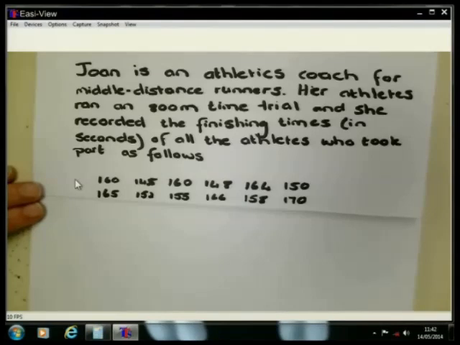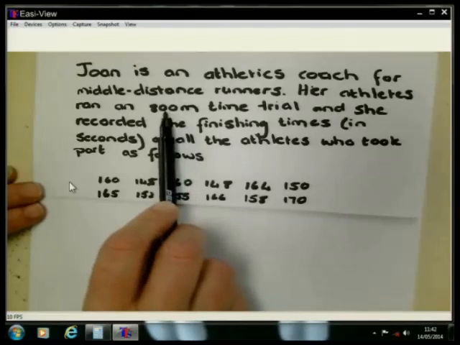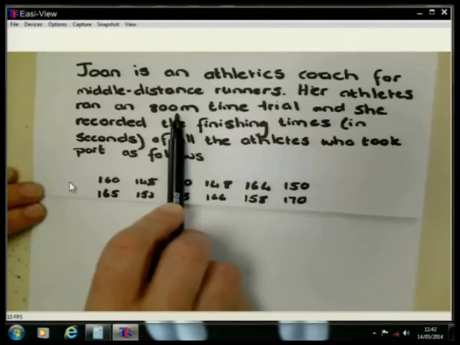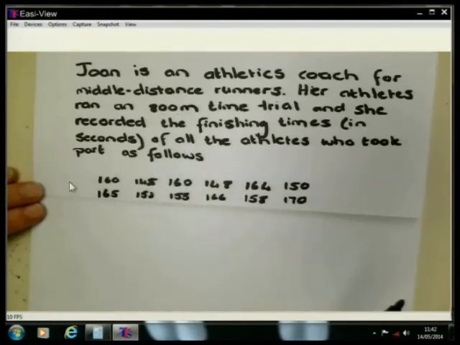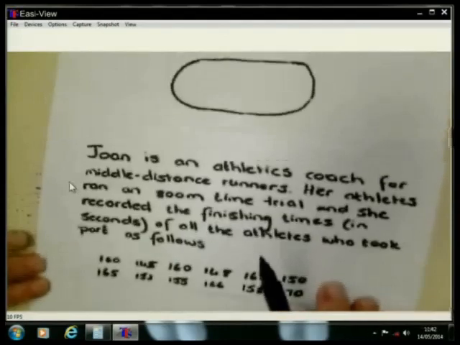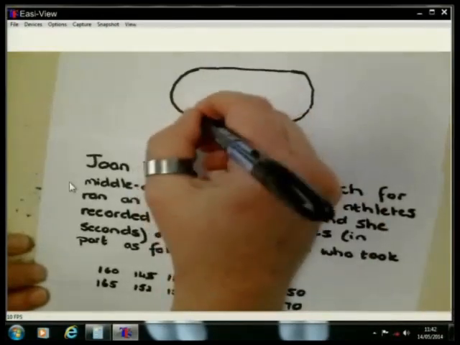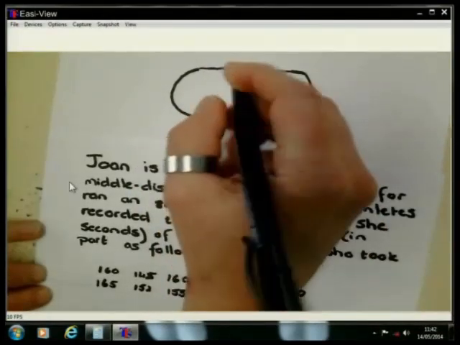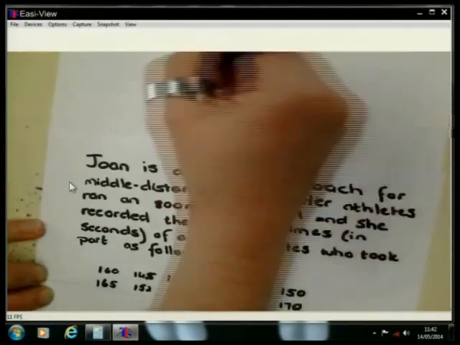took part as follows. Before we start doing our calculation, let us just try to make sense of what is happening here. Here we have a value of 800 meter. Are we supposed to include that value of 800 meter when we are going to do the calculation for the mean? If you think about an athletics track, there's usually a starting point and then the athletes start running.